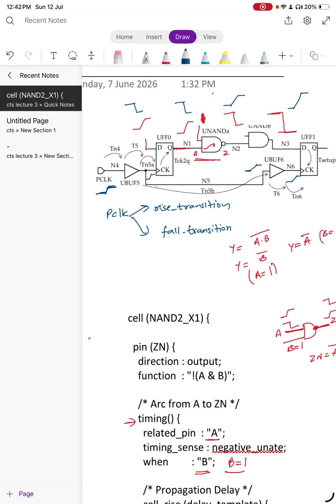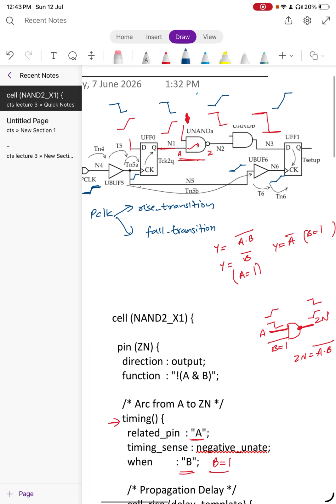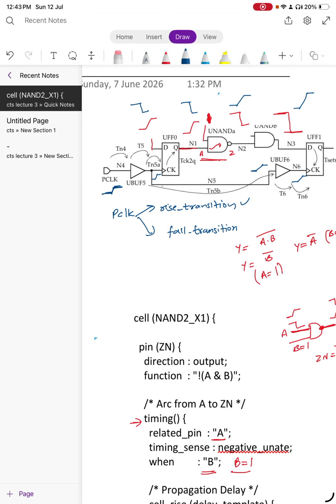So this is one thing. And now another point about how the transitions are calculated actually from the dot lib. First of all, we discussed how the direction of the transition is taken care of, and now we will see how the transitions are calculated from the dot lib. As we saw, we have to consider a rise transition for PCLK.